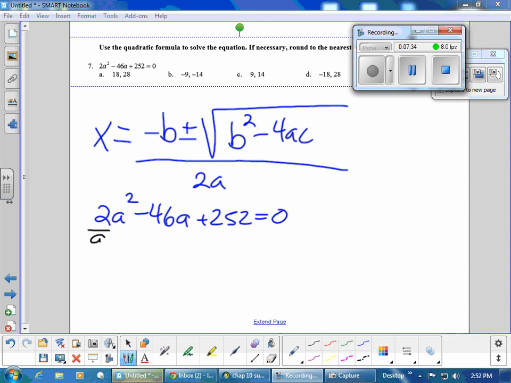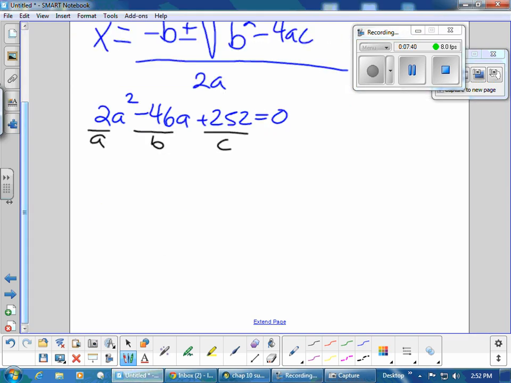This is a, this is b, and this is c. You're going to use a calculator for this at this point. So a equals 2, b equals negative 46, and c equals 252.